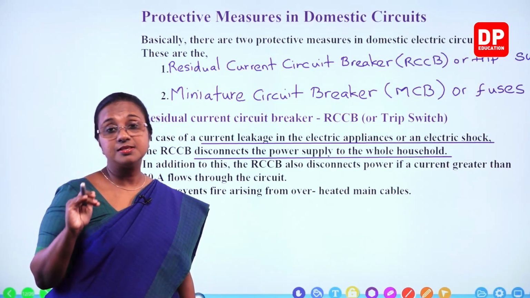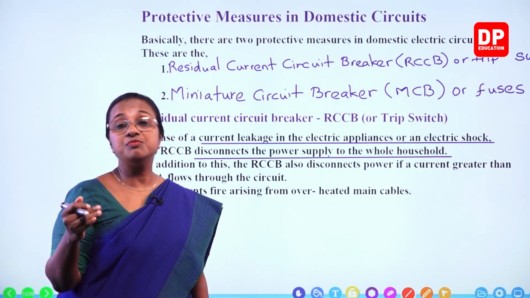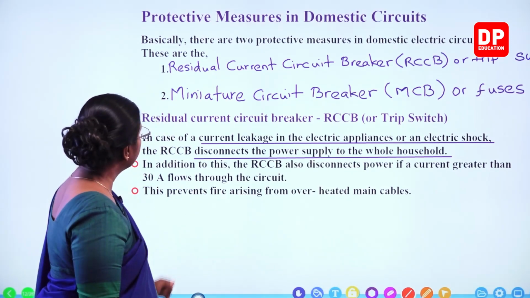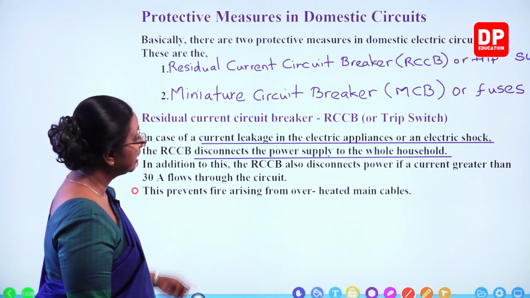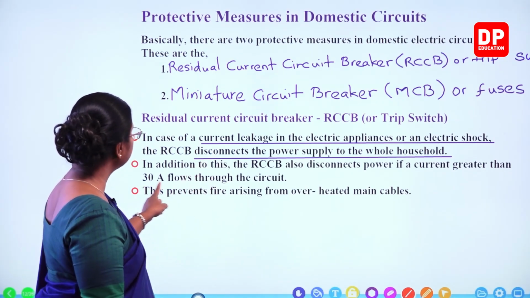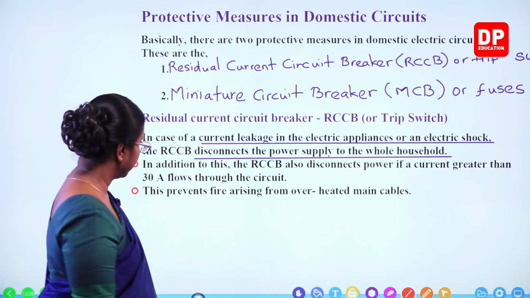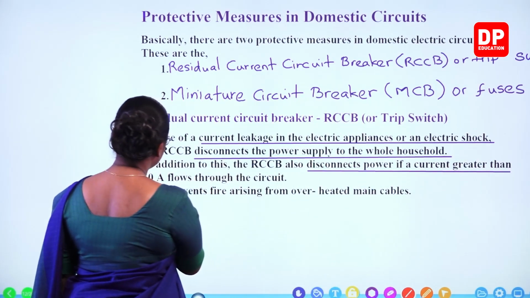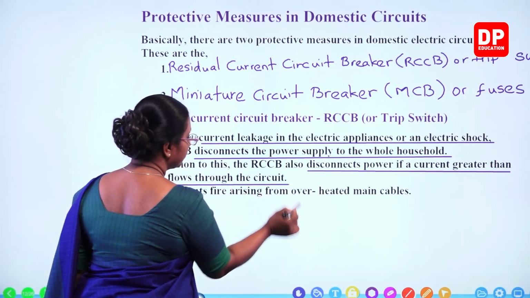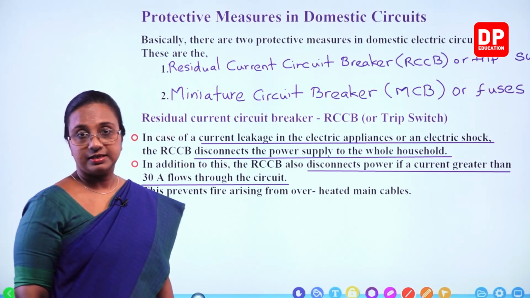The trip switch just switches off. The lever moves down. In addition to this, the RCCB also disconnects power if a current greater than 30 amperes flows through the circuit.